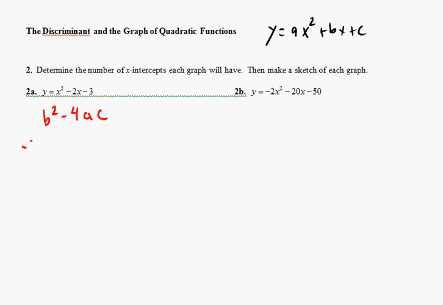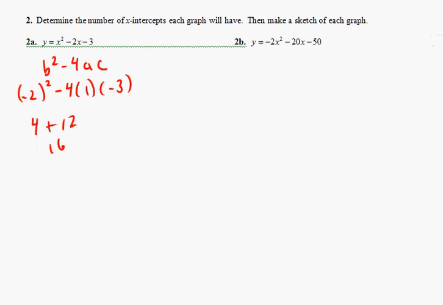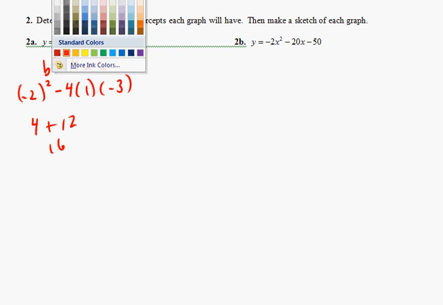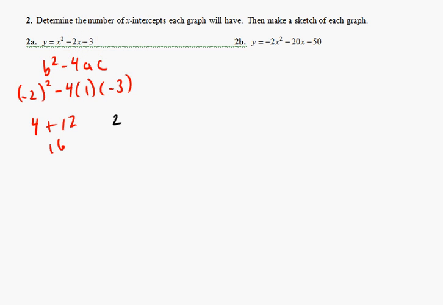The discriminant would be negative 2 squared minus 4 times 1 times negative 3, which would be 4 plus 12, or 16. And since 16 is positive, there will be exactly 2 x-intercepts.